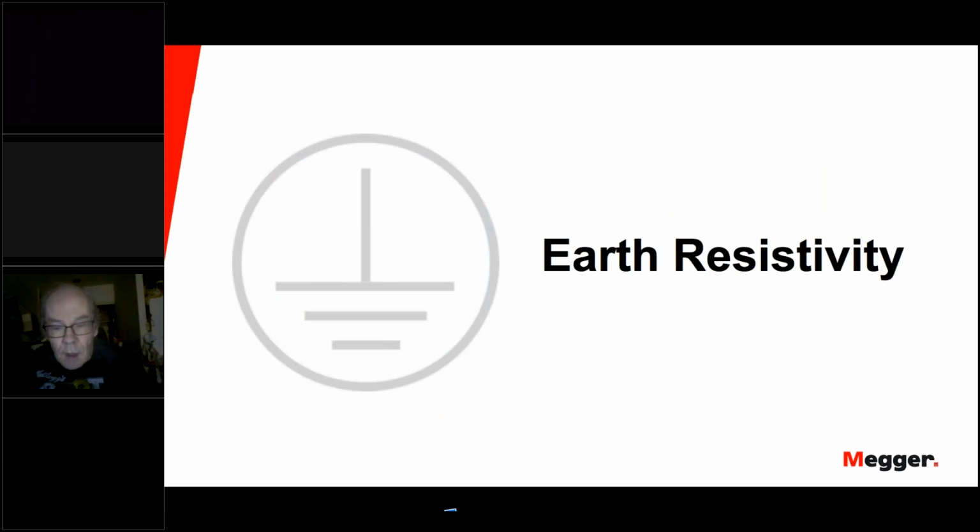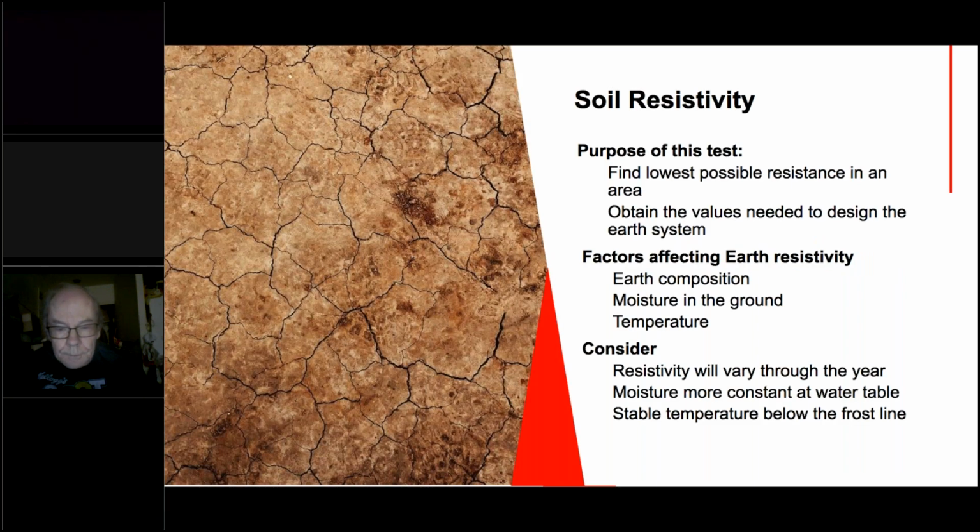So we'll look a little more in depth at resistivity. The main considerations of doing resistivity measurements: if you have some land at your disposal, you can look for the lowest resistivity, which would be the best place to place a ground.